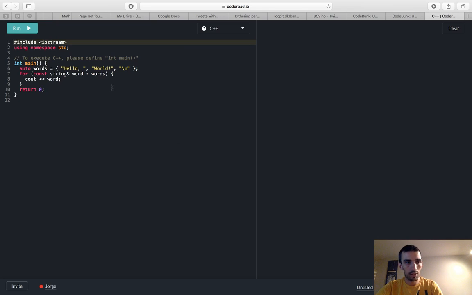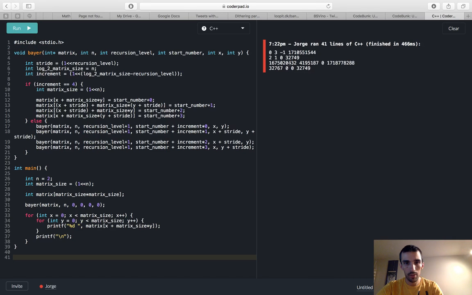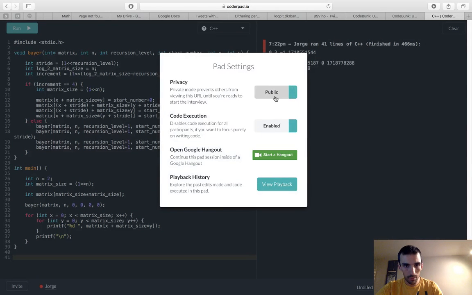I'm not a candidate, but that's fine. Run. Alright, more uninitialized memory. That's good. So let's see. Oh, good. This is private. We want to make it public? Public. Good. Code execution enabled.